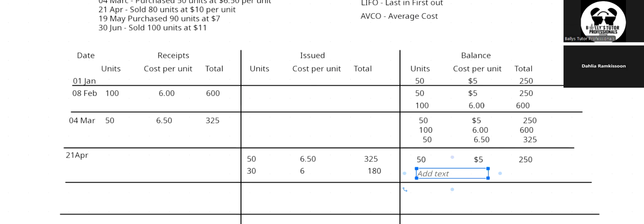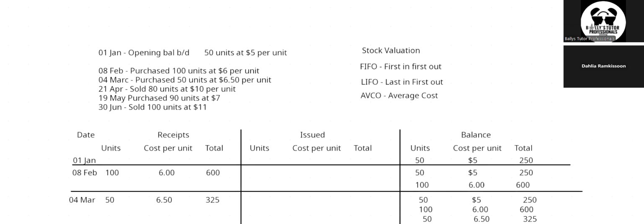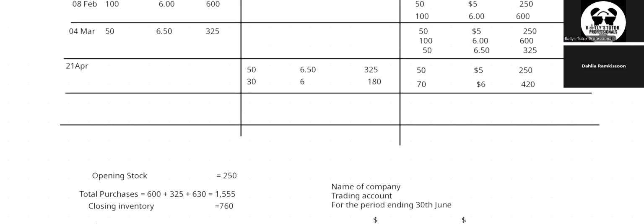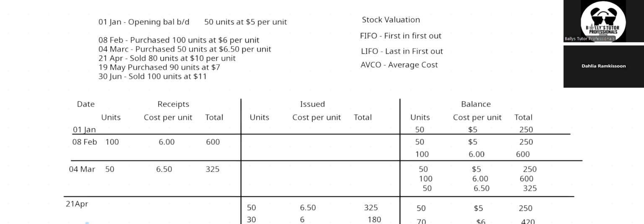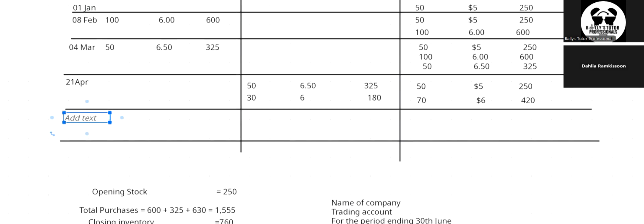Then 19th of May, we purchased 90 units at $7 each. We record that just like the last time. 19th of May, it'll go on the receipts. 90 units, $7 each, which will be 630.